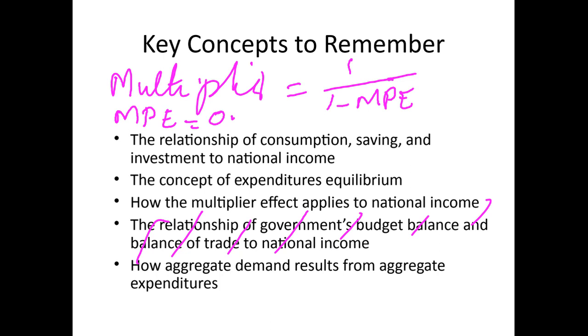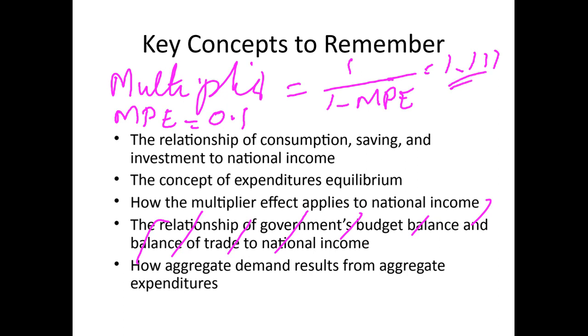You just write 1 and then divide by 1 minus 0.1, which is 0.9. So you will get the value of multiplier as 1.11. Very small number. The value of multiplier is very small. Why? Because your MPE is very small. So MPE and multiplier are directly related basically.